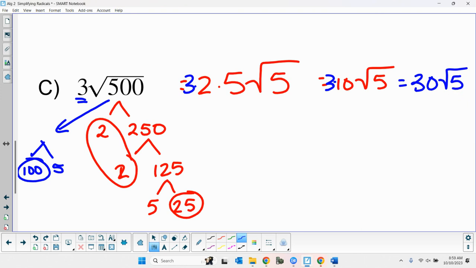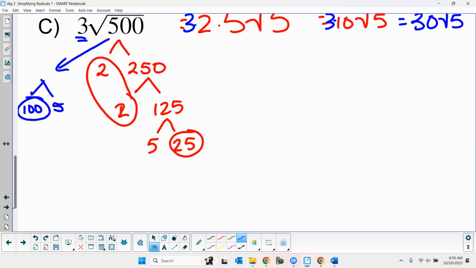Thank you. Everyone understand that? So if there's a number already out front, like this one, whatever we pull out, we multiply it times that, the 3, the 2, and the 5. We multiply them all together. Okay? Any questions?